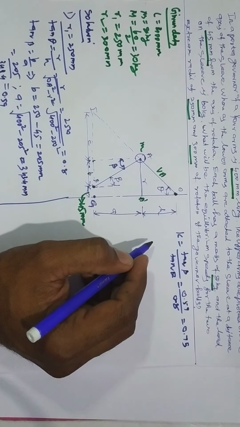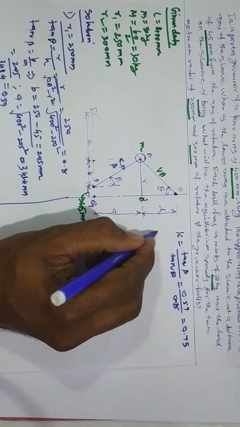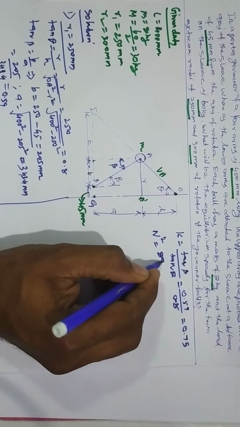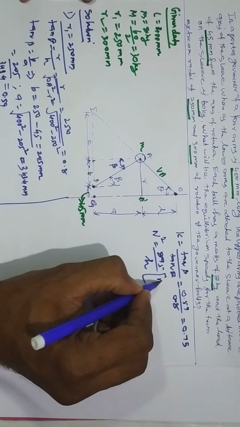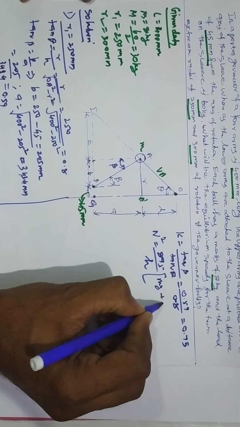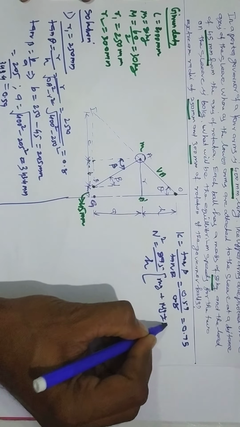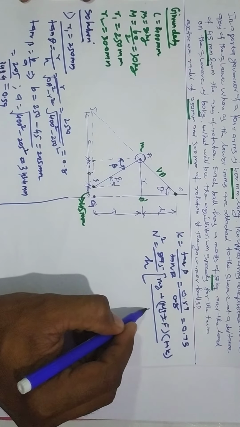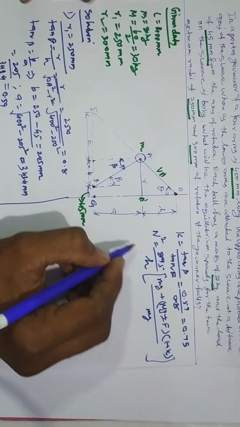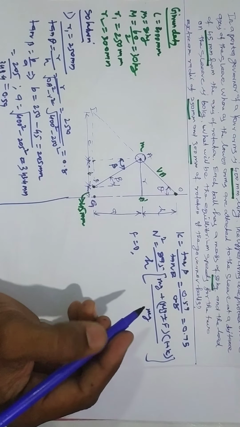So you know the general equation of speed, n square equal to 895 divided by h, into small mg plus capital Mg plus or minus friction, into 1 plus k, divided by mg. So in this condition friction equal to 0, right?